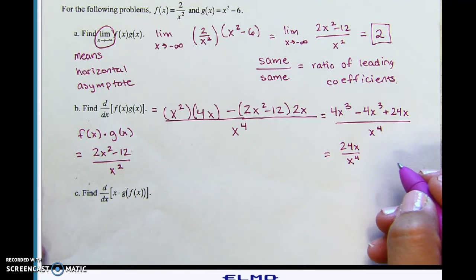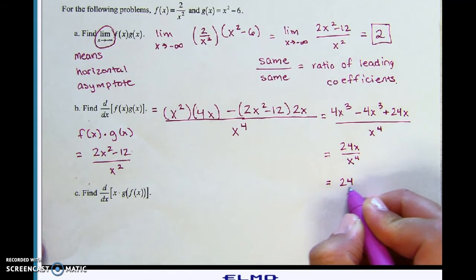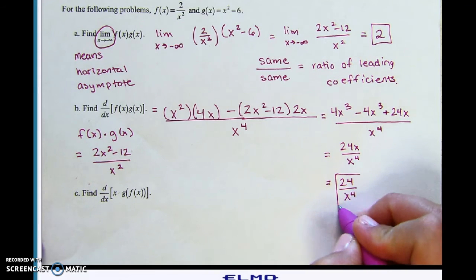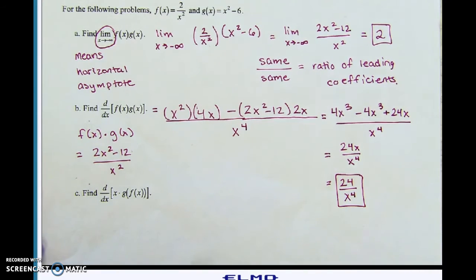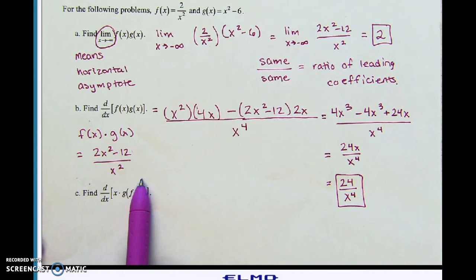And how do we simplify that? An x cancels out. We have 24 over x to the 4. Okay, how did that start? We multiplied the f times the g, and we had a quotient.